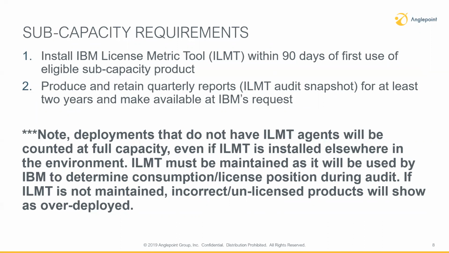So again, it's not just getting it installed somewhere, anywhere in the environment. You have to get it installed across every IBM deployment that you want to have counted at sub-capacity. And two, you also have to maintain it. Or else you're going to have a number of default assignments made by ILMT that count against your PVU sub-capacity exposure.